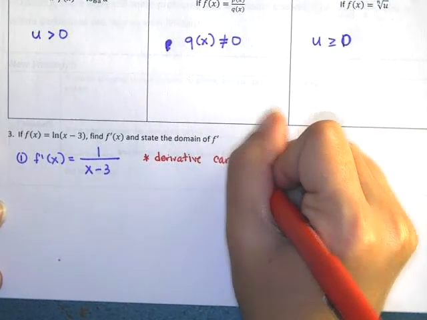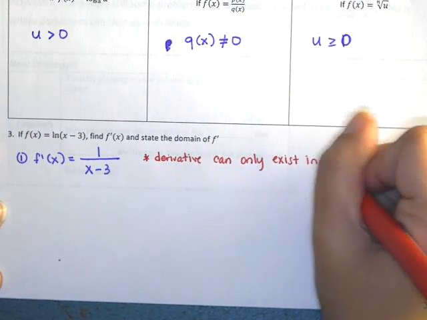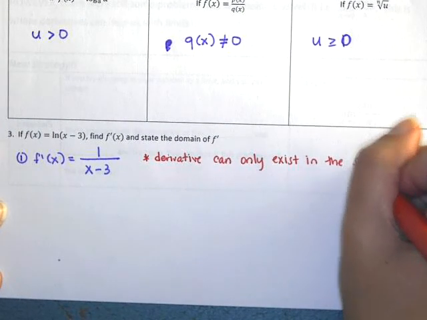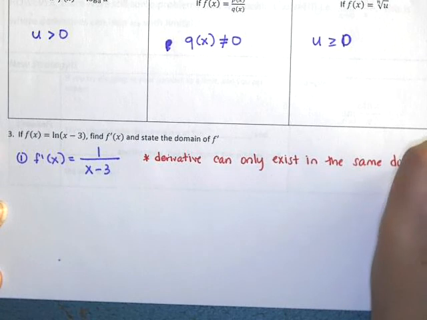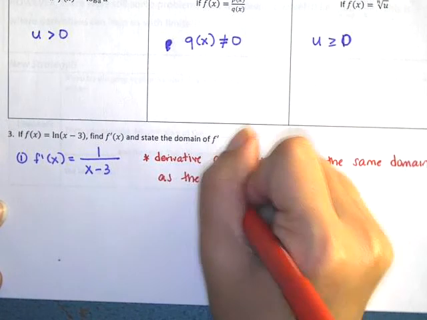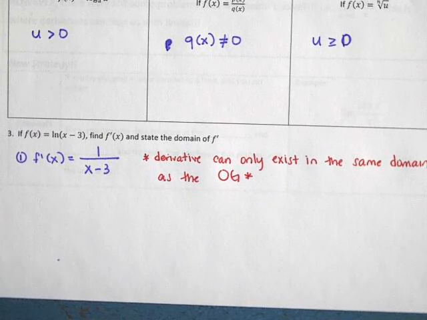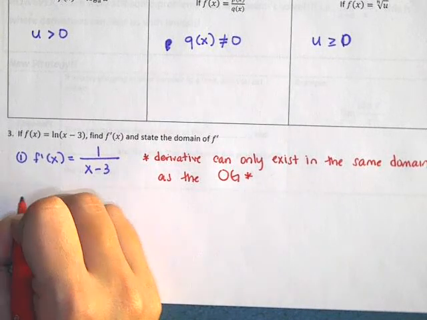It can only exist in the same domain as the original. So because the original function here was a natural log, it has a domain problem.